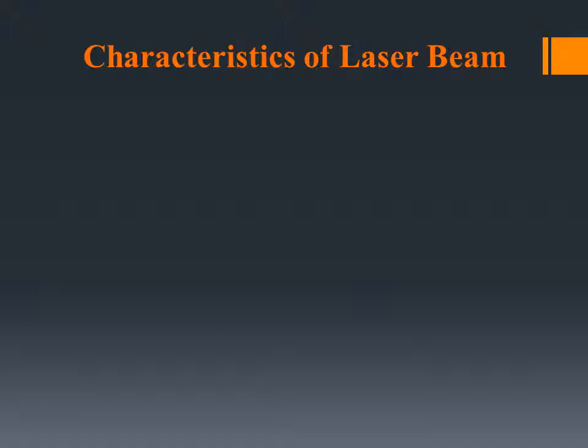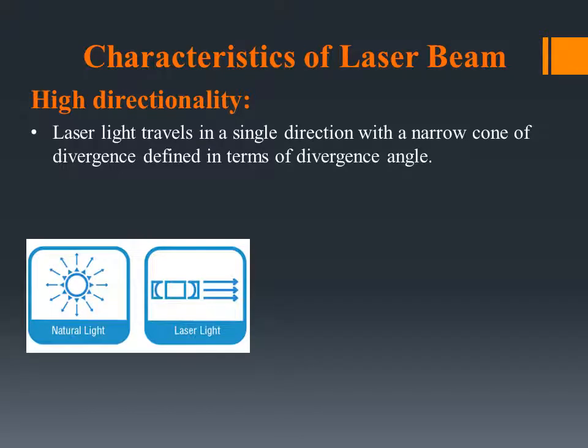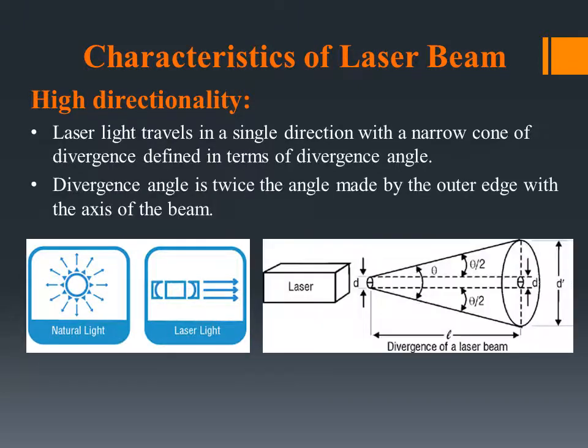The first and most important characteristic of a laser beam is its directionality. It possesses high directionality. Laser light travels in a single direction with a narrow cone of divergence defined in terms of the divergence angle.